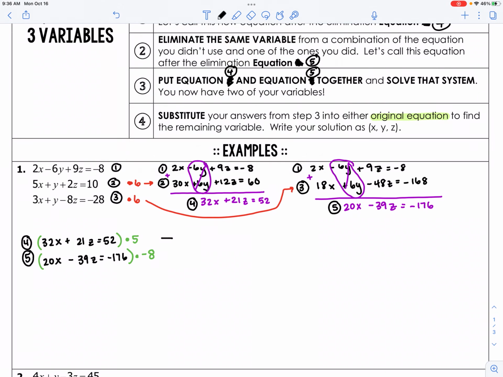So when we write those, we get 160x plus 105z is equal to 260. And then we get negative 160x plus 312z is equal to 1408.